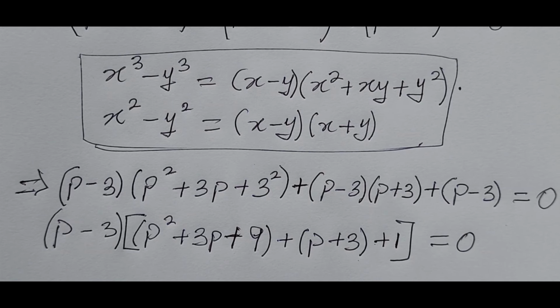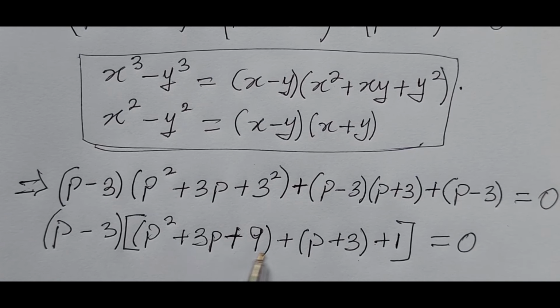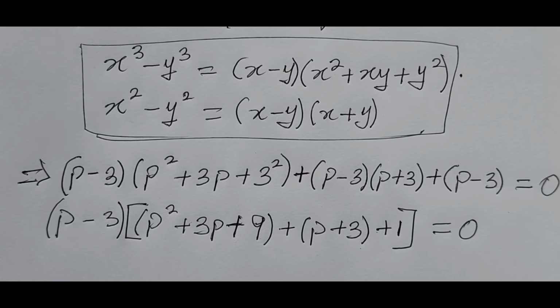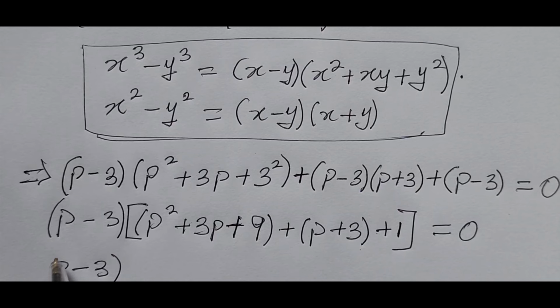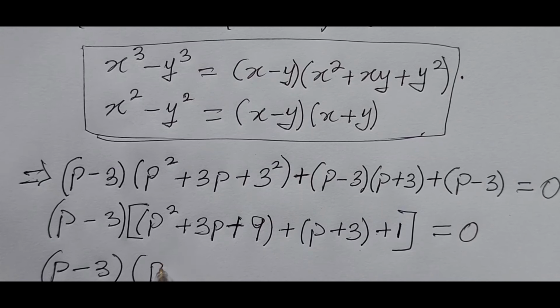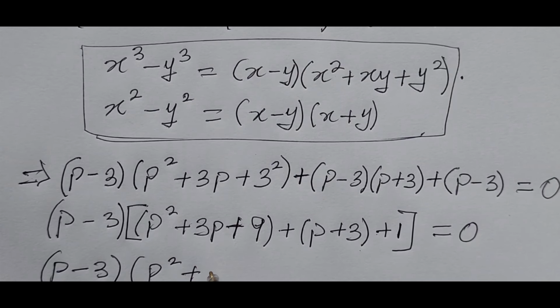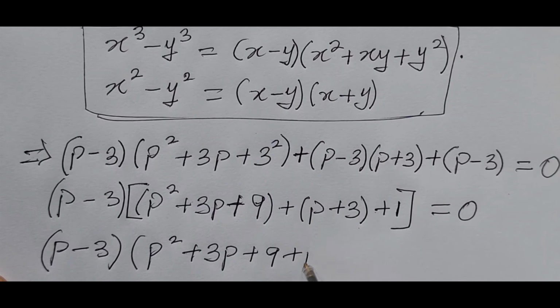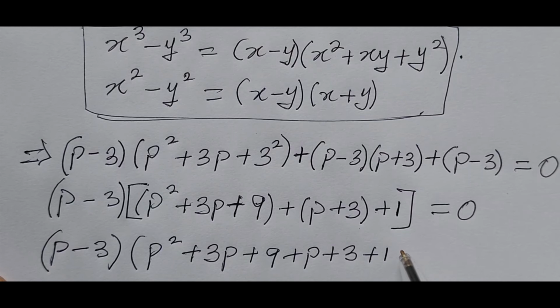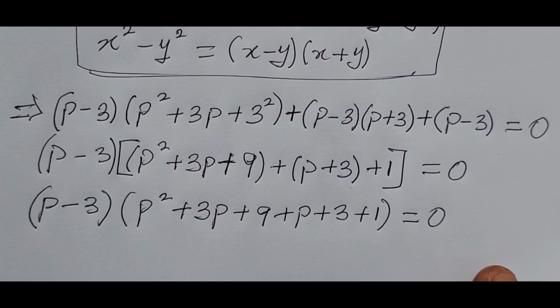Good. So from here, we look carefully again. We can open up the expressions we have inside this bracket. So we're going to have (p − 3)(p² + 3p + 9 + p + 3 + 1) equal to 0. Simple, right? Good.